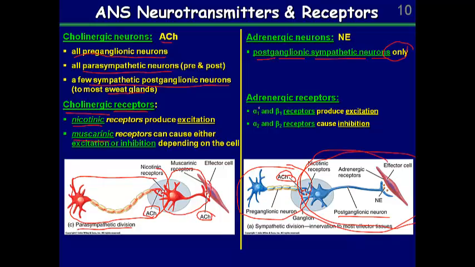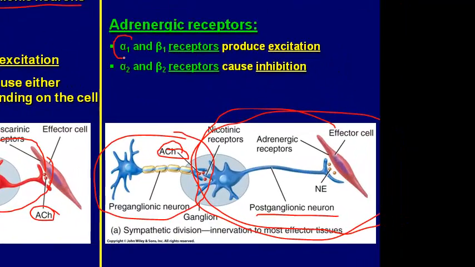So you're going to be seeing a lot of this. Alpha 1 is a type of receptor, beta 1 is a type of receptor, alpha 2 is a type of receptor, beta 2 is a type of receptor. They all respond to norepinephrine. Some of them produce excitation of the organ, some inhibit the organ. It all depends on what organ has those receptors.